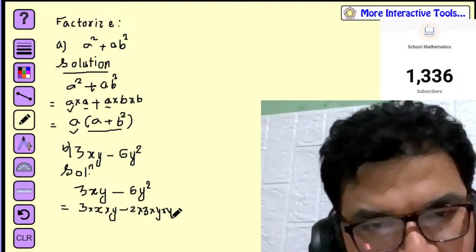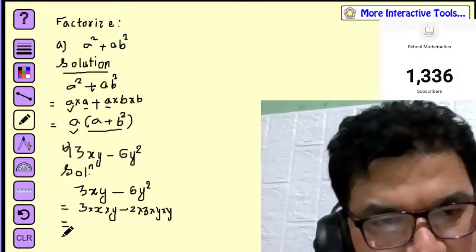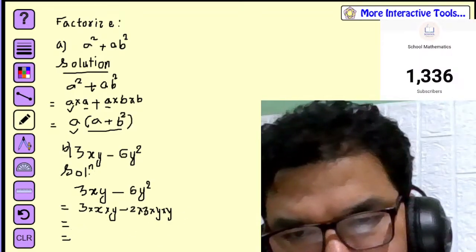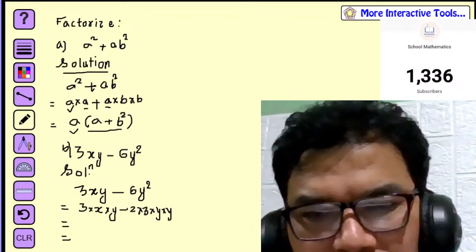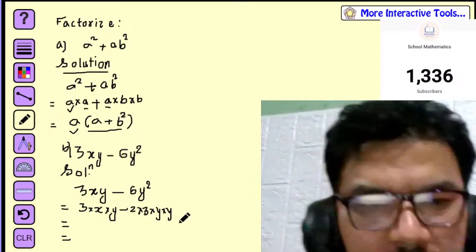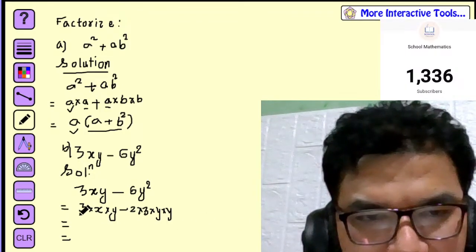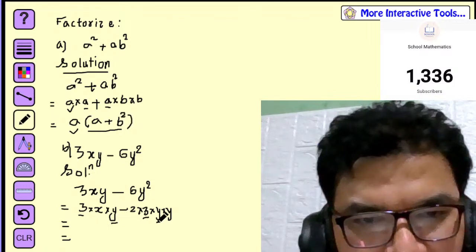Okay, like this. And now look here, children. What is the meaning of common here? In this first term and the second term, what is the same? Here is 3, here is also 3, right? And here is y, and here is y, but there is no x in the second term.